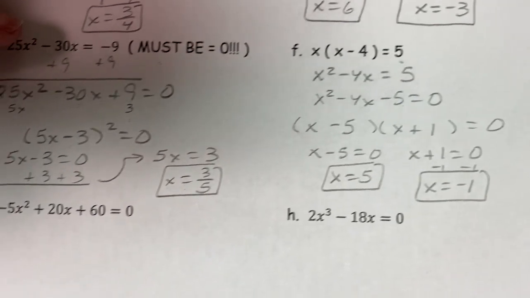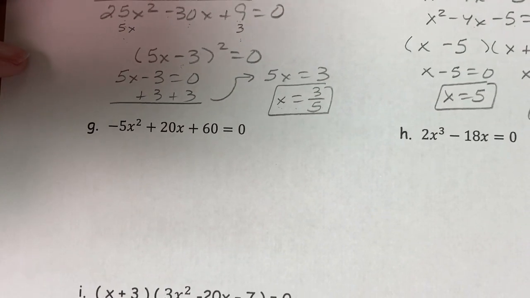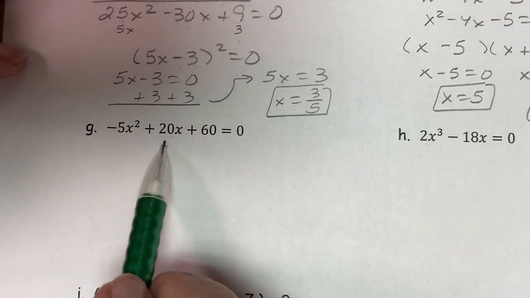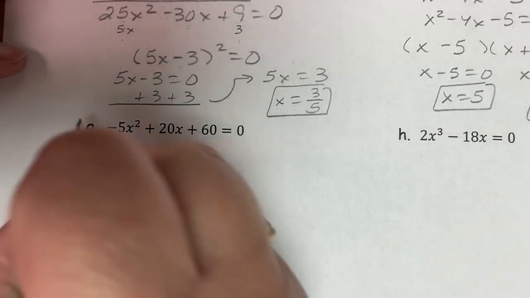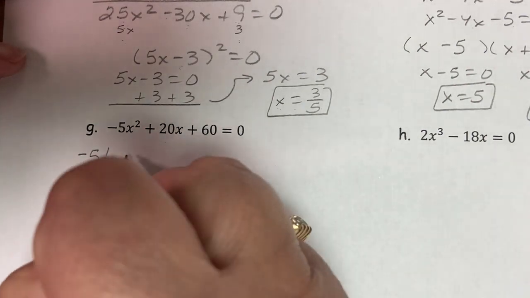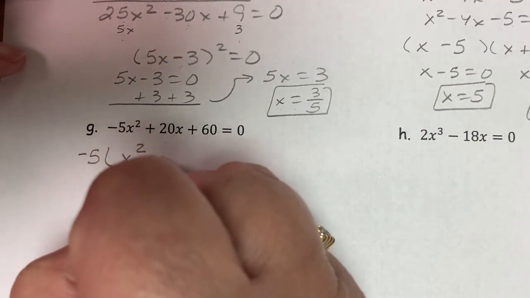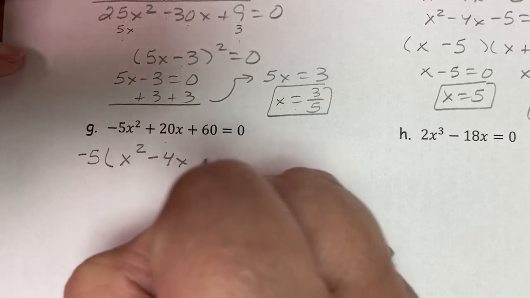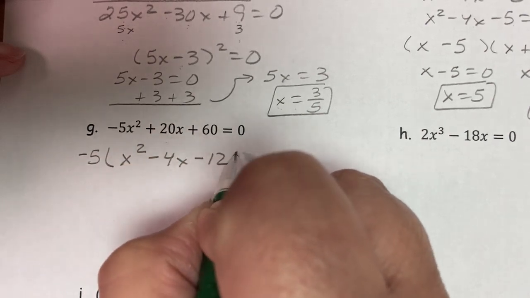All right, got a few more here. Let's look at G. I see a GCF. Hopefully you do as well. I'm going to take out a -5 as the greatest common factor, which is going to leave me with x squared minus 4x minus 12.